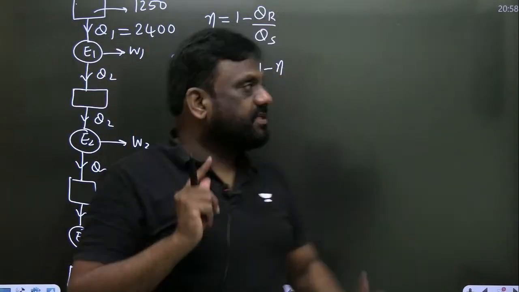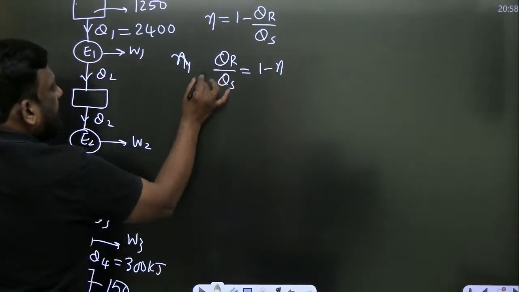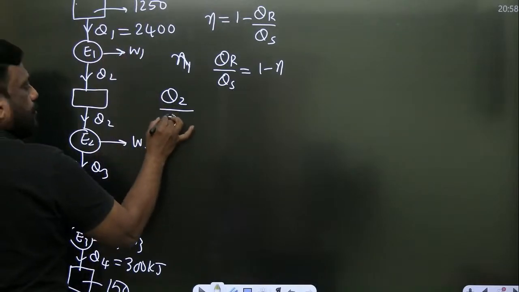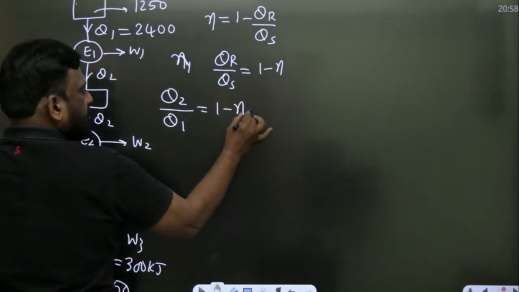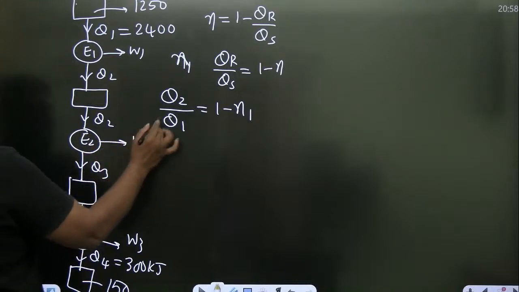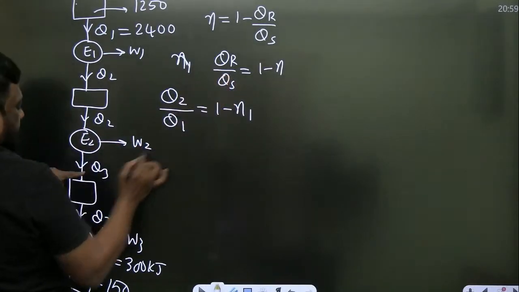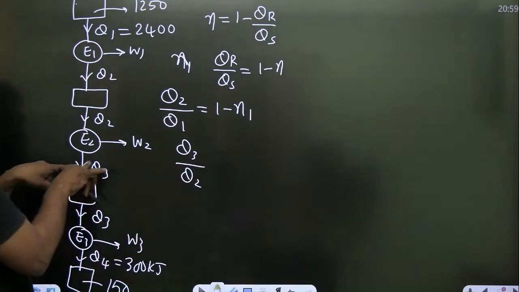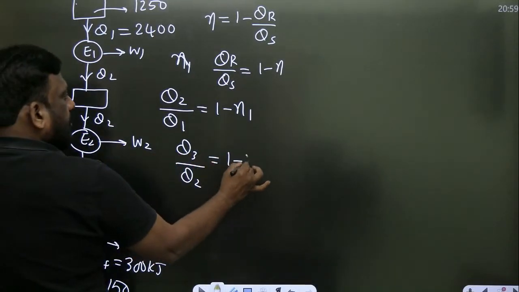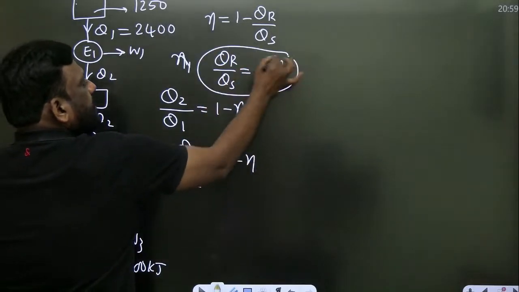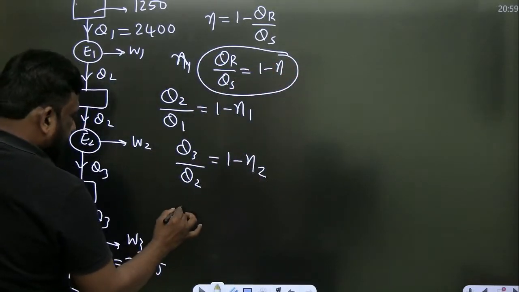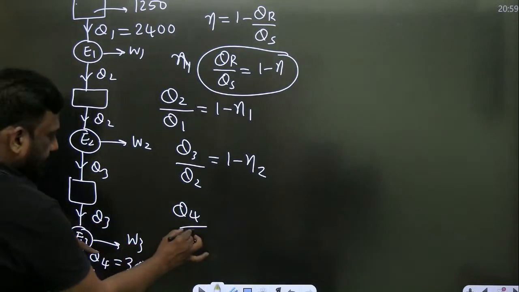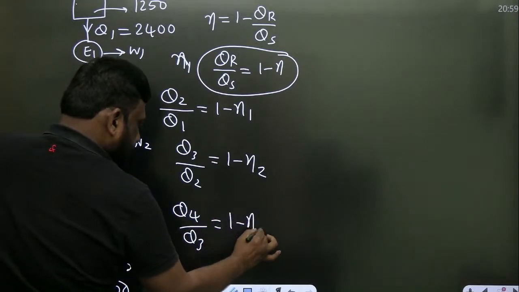It is a real engine. For the first one, rejection is Q2, supply is Q1, this is 1 minus efficiency of 1. For the second, rejection is Q3 and supply is Q2, equal to 1 minus efficiency. This is the general equation. For the third, rejection is Q4, supply is Q3, equal to 1 minus efficiency of 3.